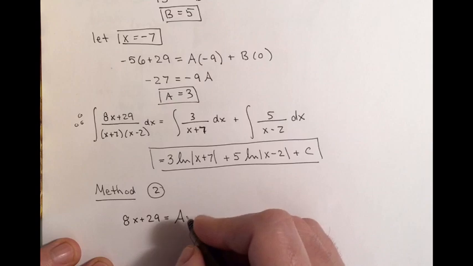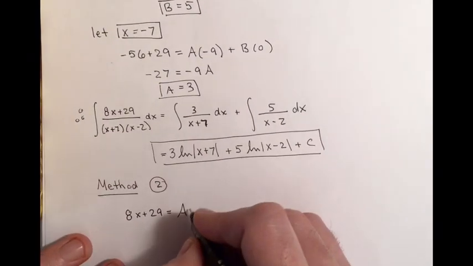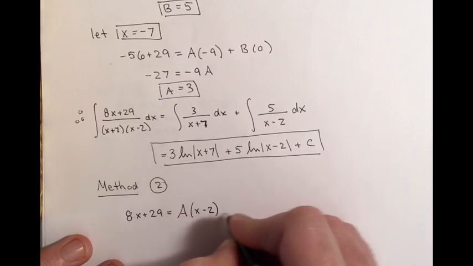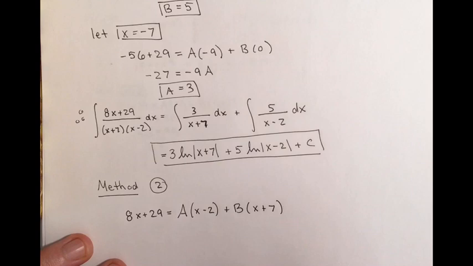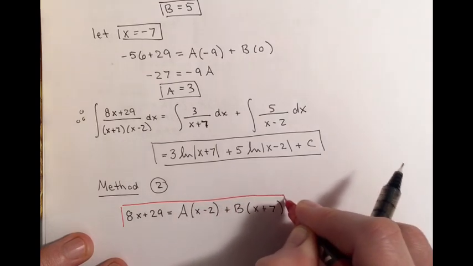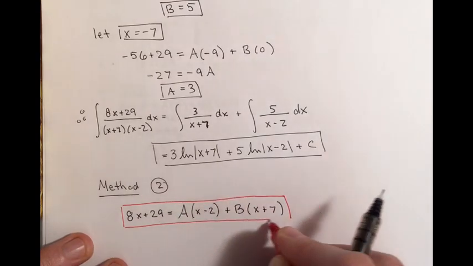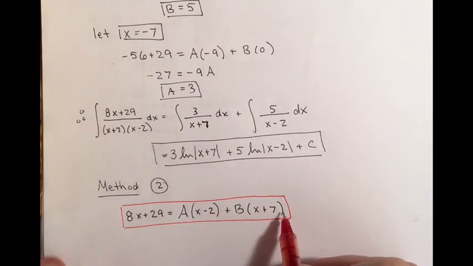And we have here a multiplied by x minus 2. And we have b multiplied by x plus 7. So again, starting from this portion, rather than plugging in values of x to use, what we can instead do is we can expand the right-hand side.